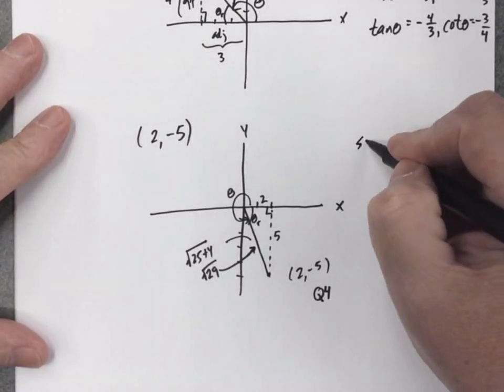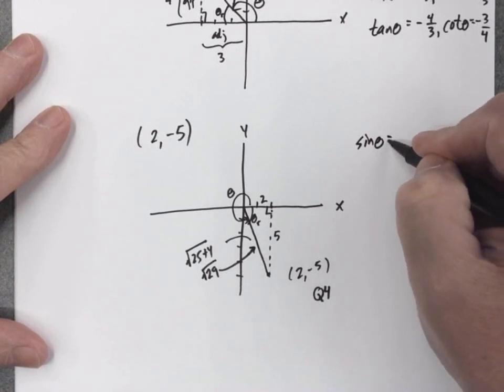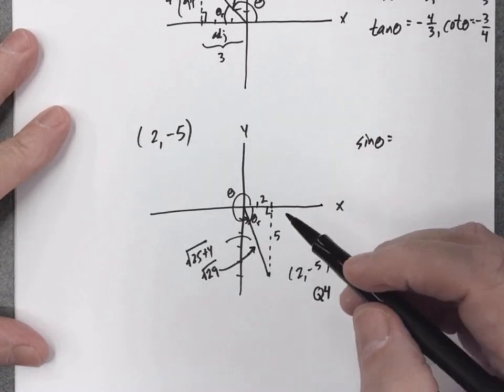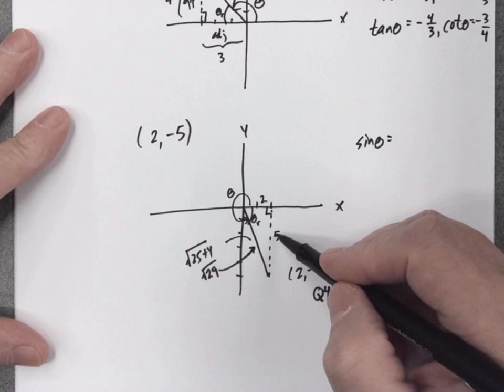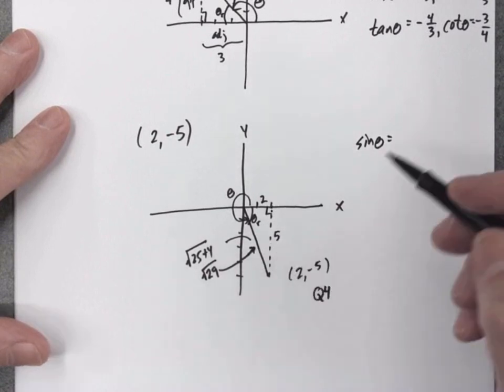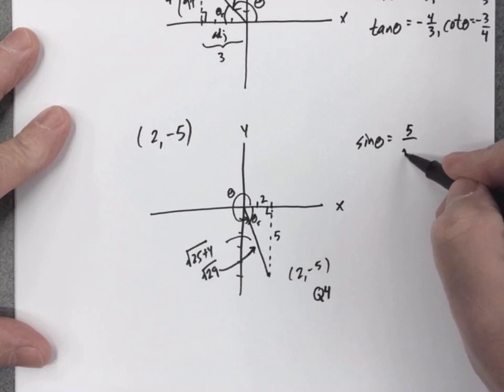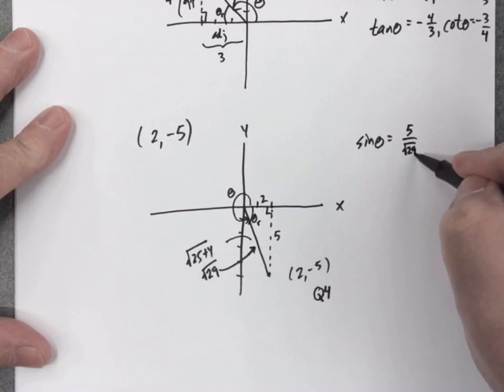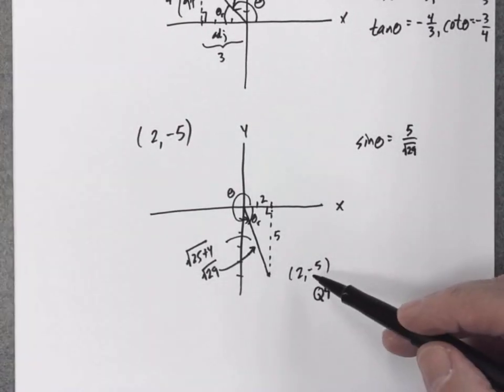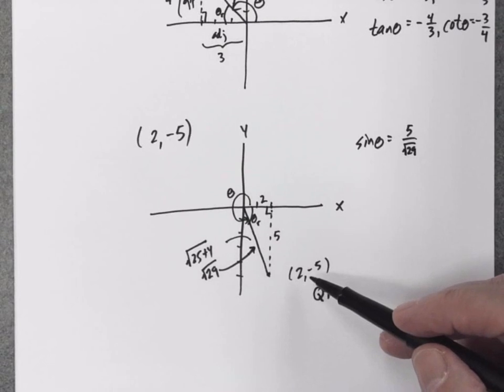So sine is opposite 5 over hypotenuse square root of 29. Now in the fourth quadrant, is the sine a positive or negative number? Well, sine tracks y.